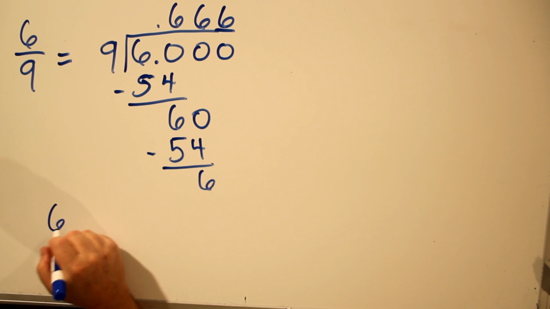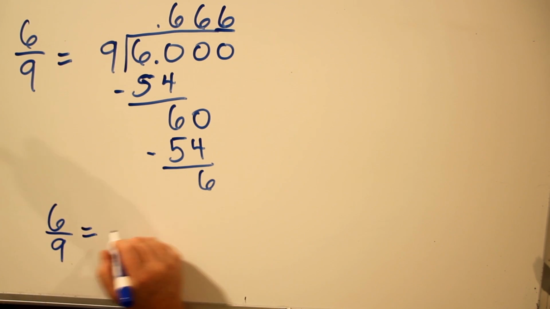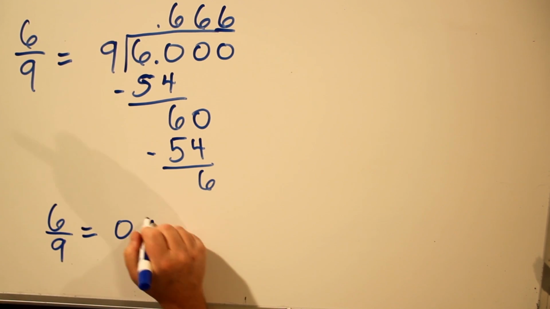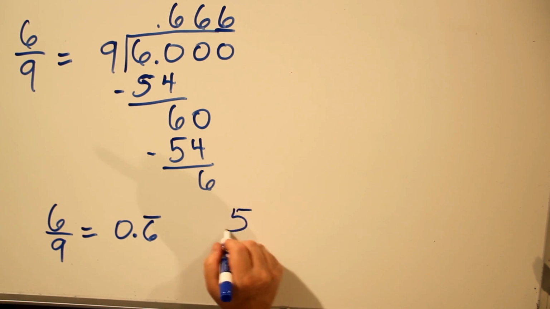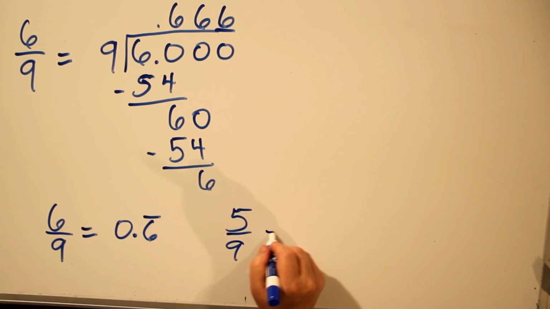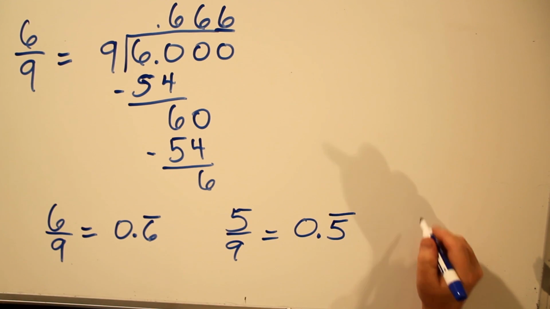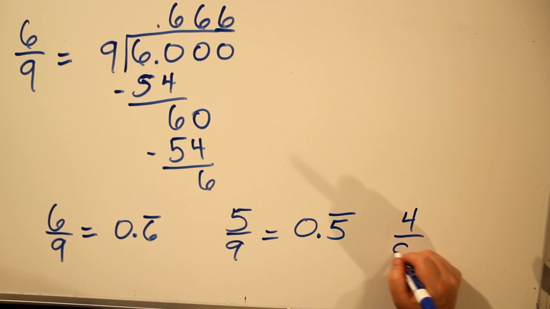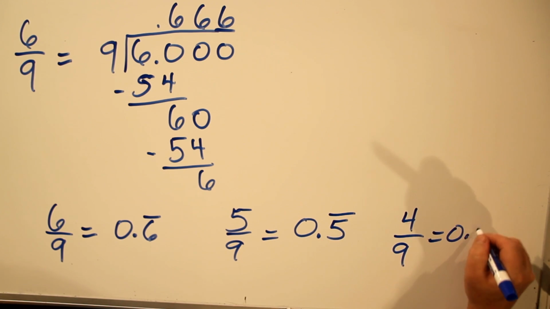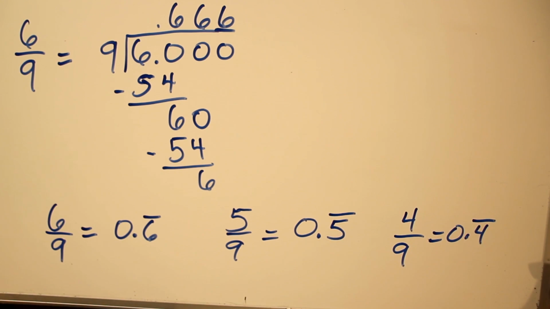6 over 9 is going to be 6 repeating. 5 over 9 is going to be 5 repeating. 4 over 9 is 4 repeating.